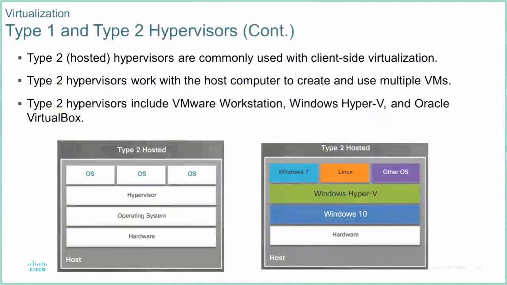I don't have to say that because we just went through that on the other slides. Type 1 hypervisor runs directly on hardware. Type 2 basically runs within an operating system on a host machine.